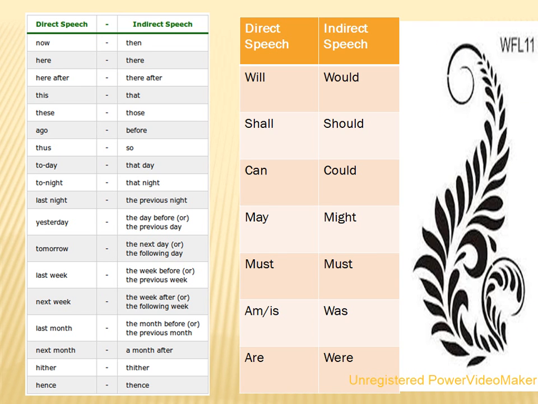Now children, in this slide we will see the changes that are made from direct speech to indirect speech in terms of time and place. So let's see the changes. Now changes to then. Here changes to there. Hereafter changes to thereafter.